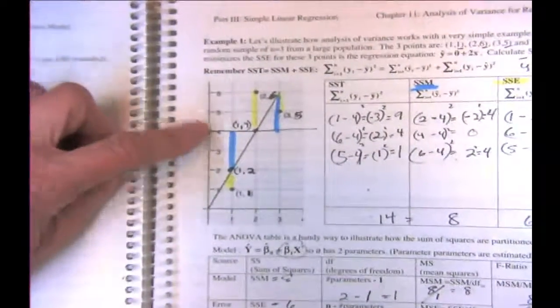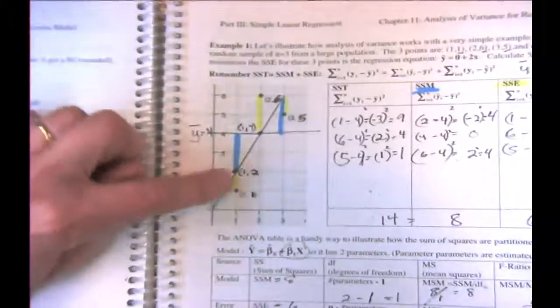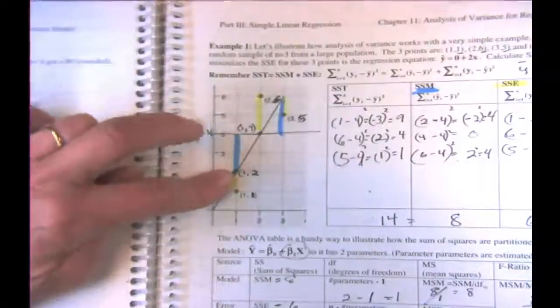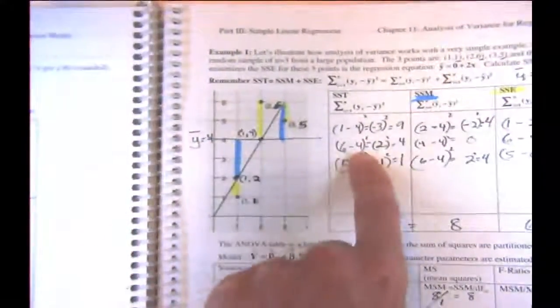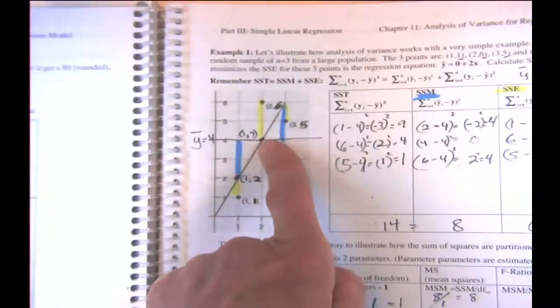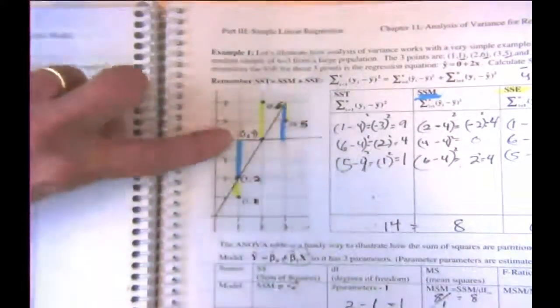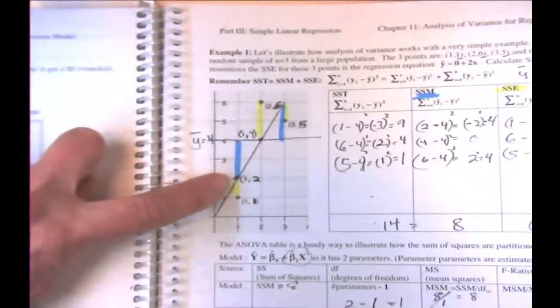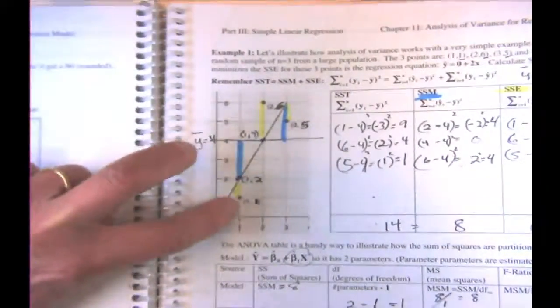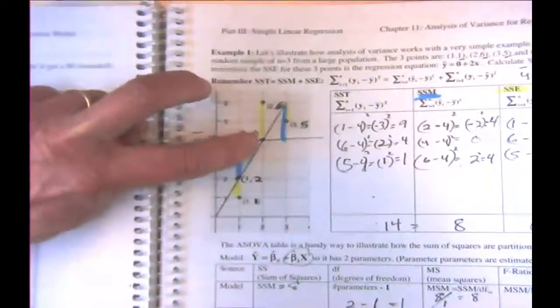Our model, we drew it in blue, and it's the difference between our model prediction and just estimating the average for all the y's. And here this one fell right on, so it had no model prediction. So this was for this point, 1, 2 here. So this is our model, and this is our error. This is all error, and here was our model and our error.